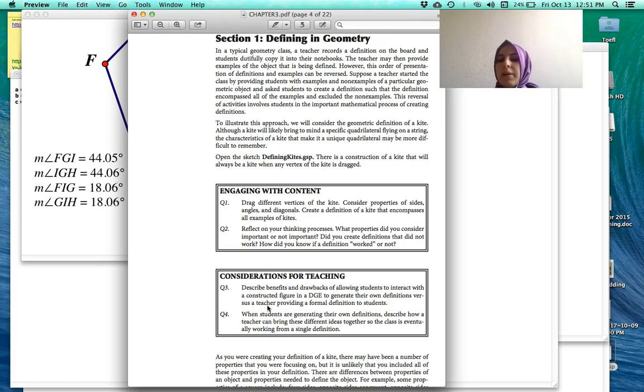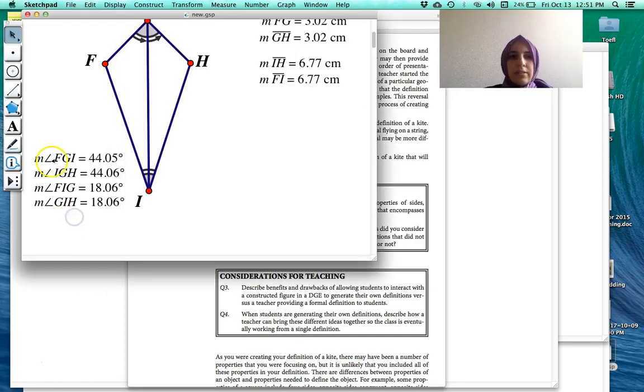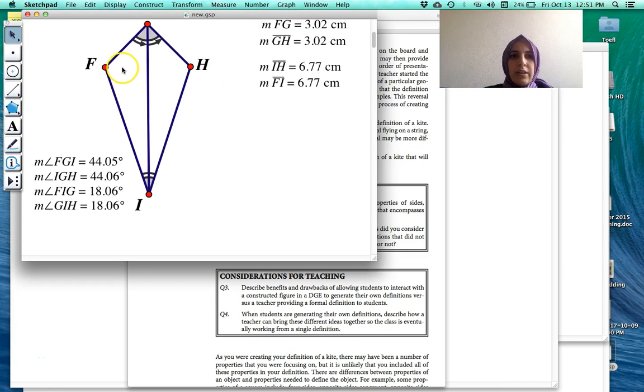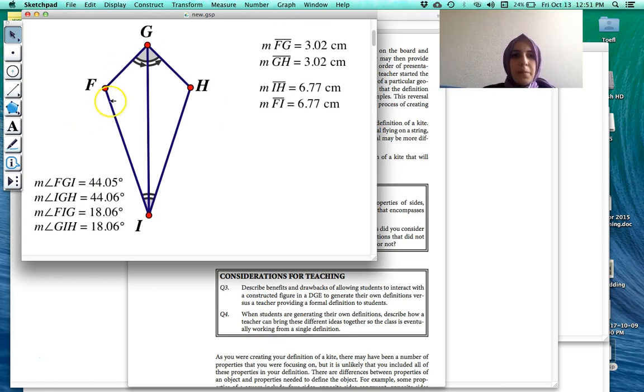On the other hand, sometimes it's kind of hard to make a bisect and find an angle exactly what you want, as I did in my sketch. As you see, the FGE degree is 44.05, but I couldn't make it.